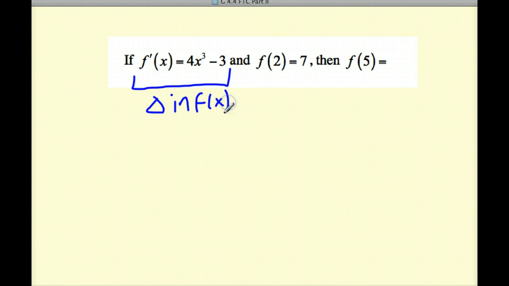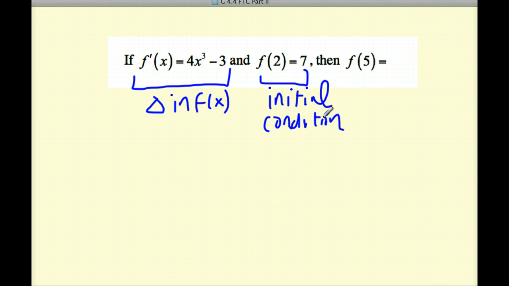Isn't that what a derivative is? We also have an initial condition that states that this has to be true, and we also have an end value.